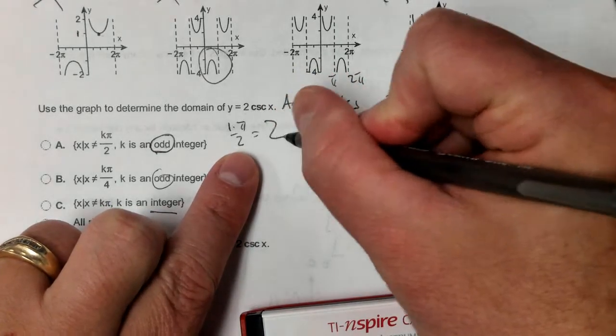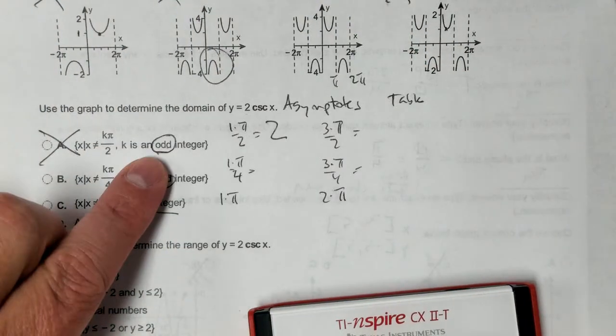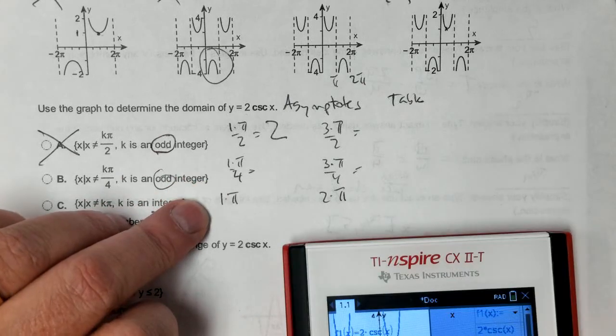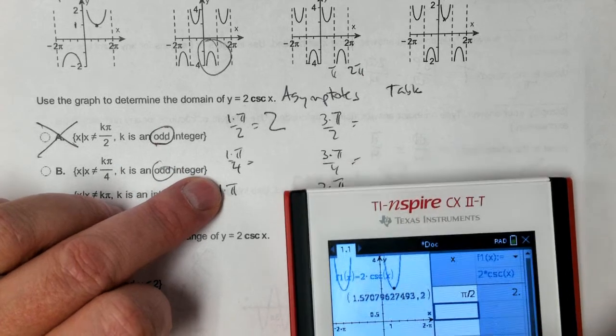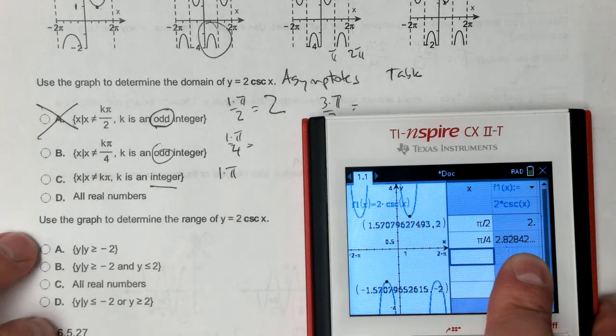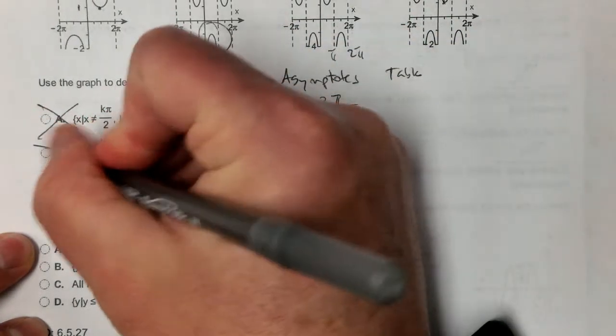Okay, so that means it's not that one. It would have to be undefined. Yeah, and at times it says something else, but I'll get to that. So here I'm going to do pi over 4, and I get a number, 2.82 something, and so it's not that.